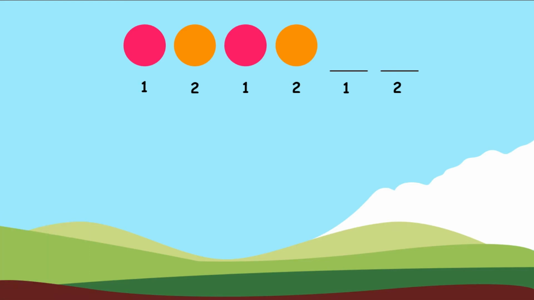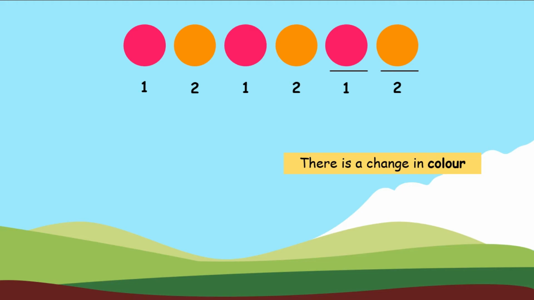Okay, my students, so what must we put on number 1? Number 1, look at this. Number 1 is a pink circle. And number 2 is, yes, that's right, orange circle. So there is a change in color. Terdapat perubahan dalam warna atau berdasarkan warna.